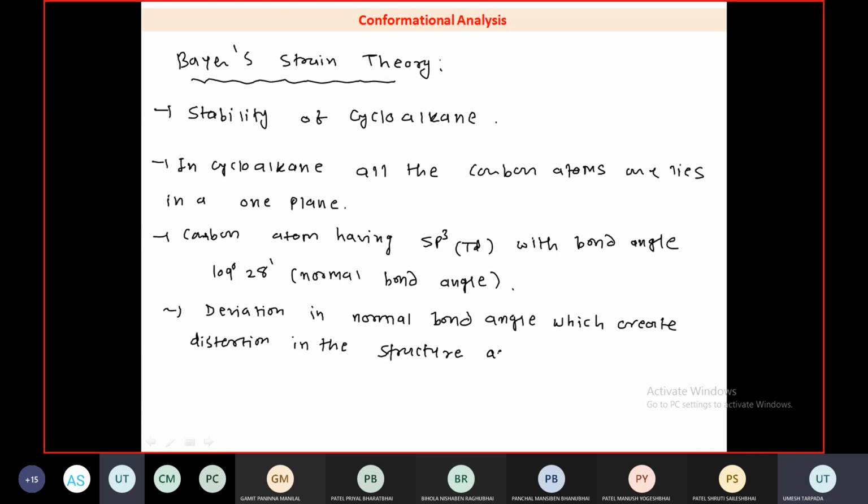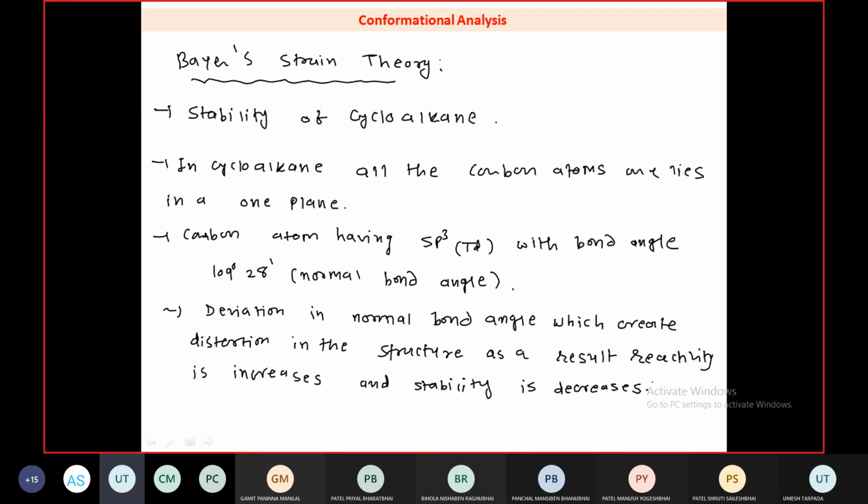As a result, reactivity increases and stability decreases.